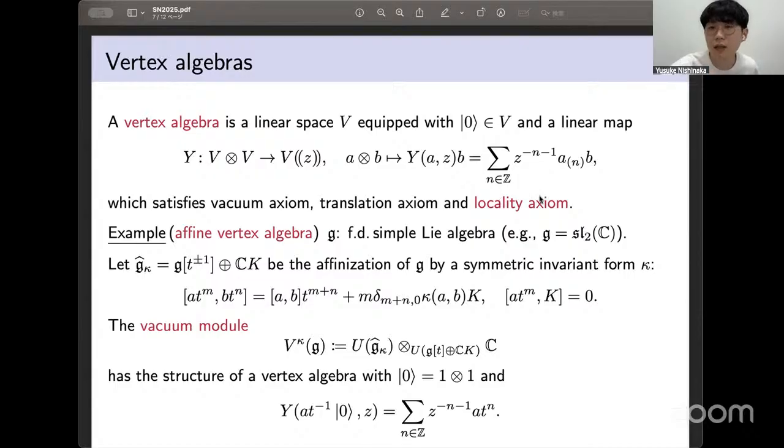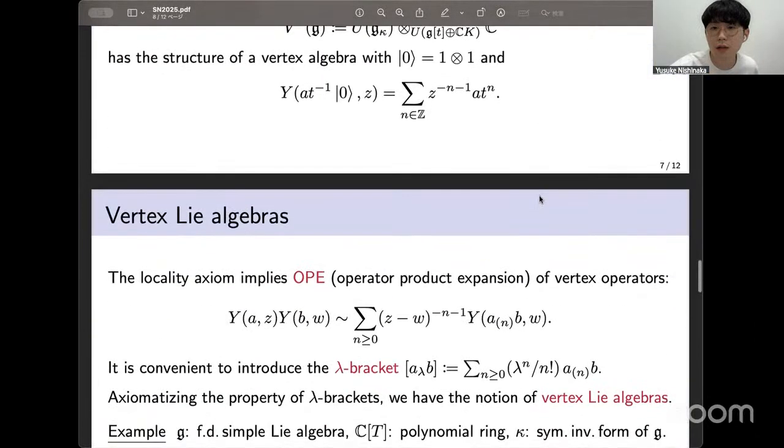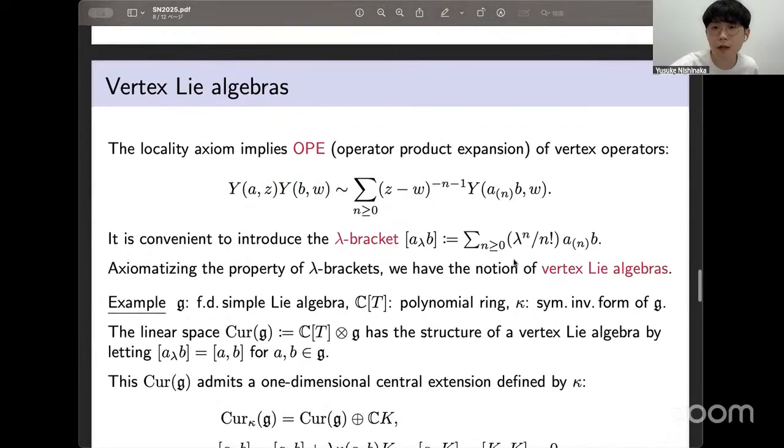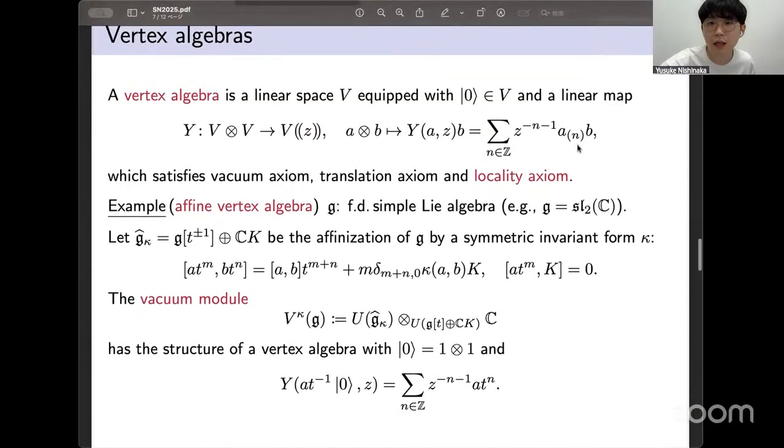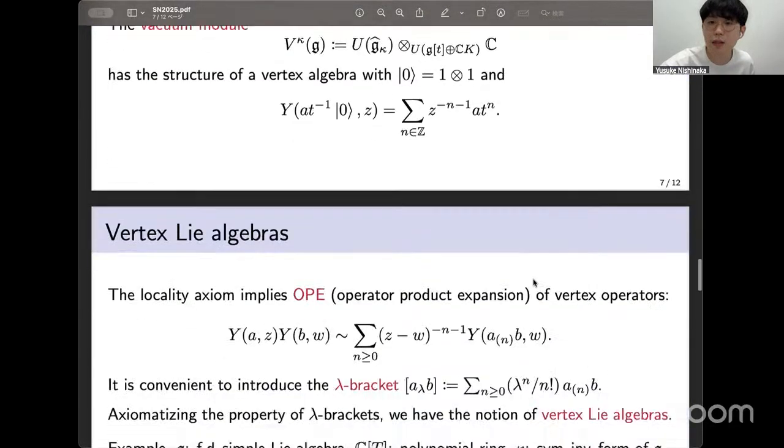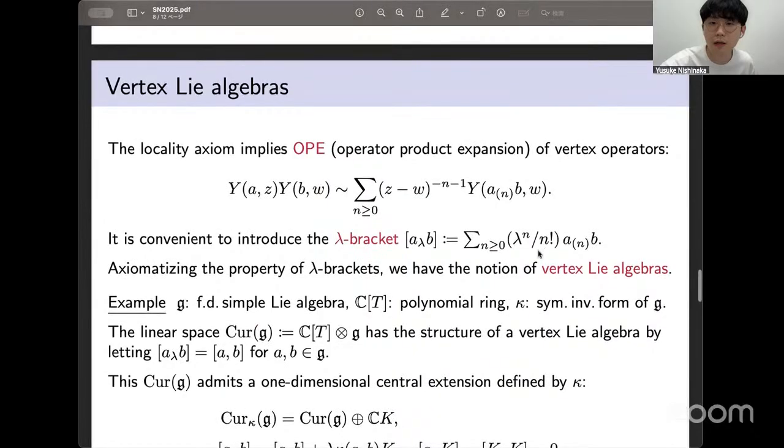And if we define the lambda bracket using this n-th product, then vertex algebra becomes a vertex 3 algebra.